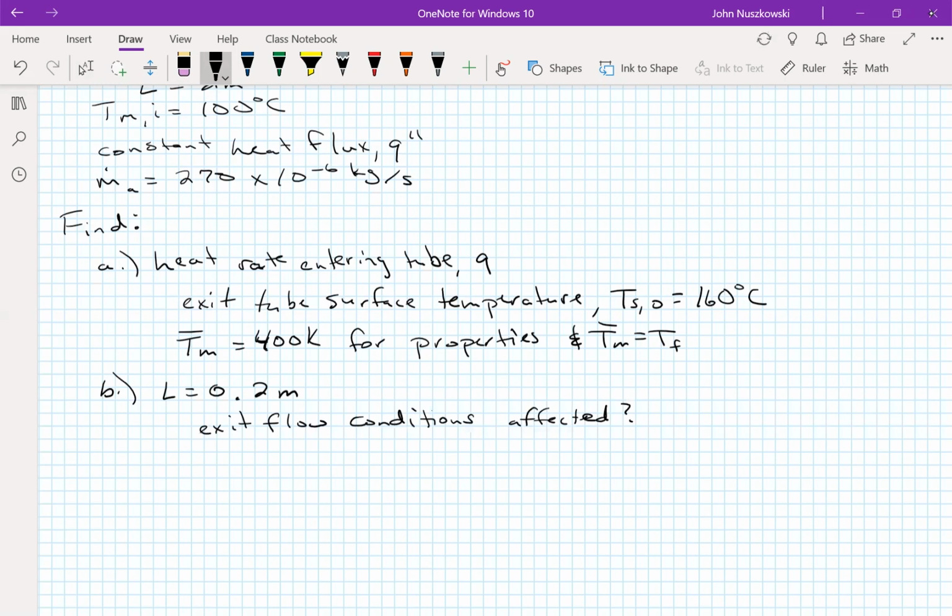And then they also ask for the convection coefficient at the exit.